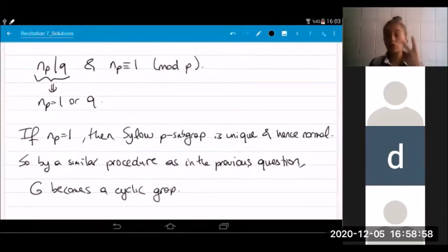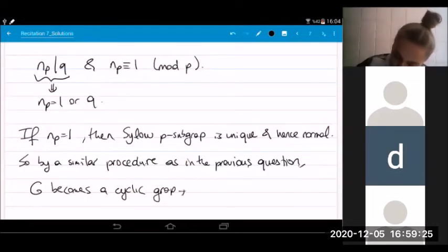Because we have one unique Sylow P subgroup, which is normal, and another Sylow Q subgroup, which is normal. If you consider the product of these two Sylow subgroups, you obtain the whole group. Using the same idea as in the previous question, you conclude that G is a cyclic group of order PQ, which is abelian.